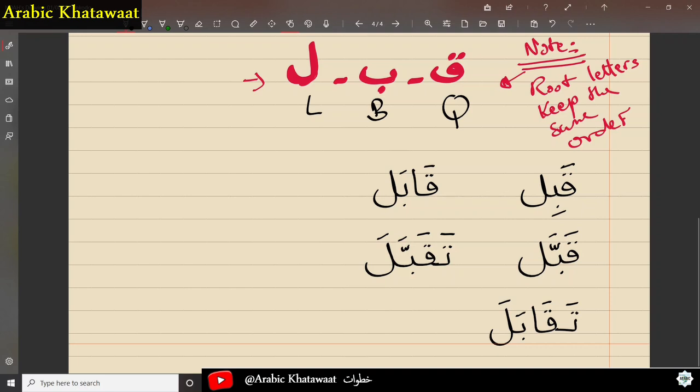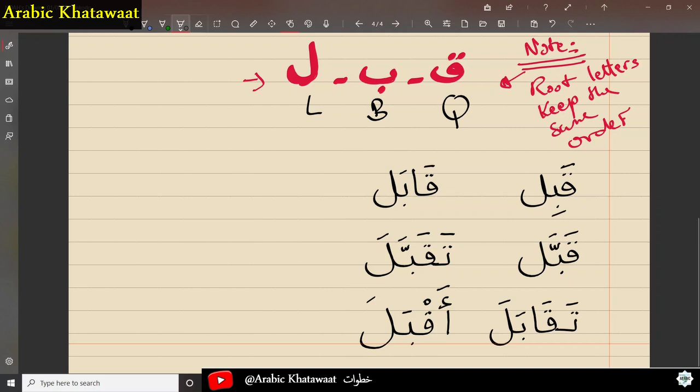And here we have another one. It just crossed my mind right now. It's أقبل. So all of these share the same root, and as you can see here, let me see if I can highlight it. I'll highlight the root, that way you can see it.